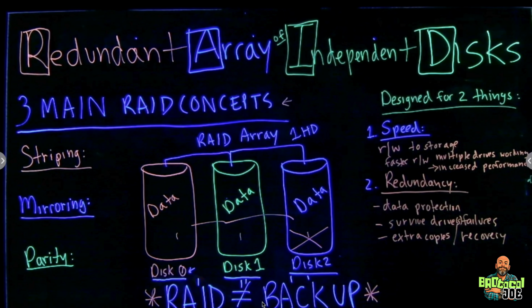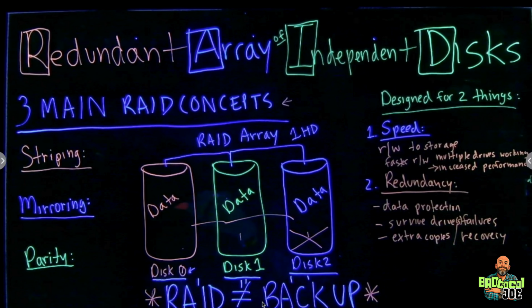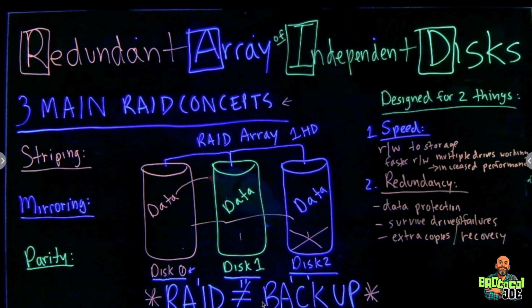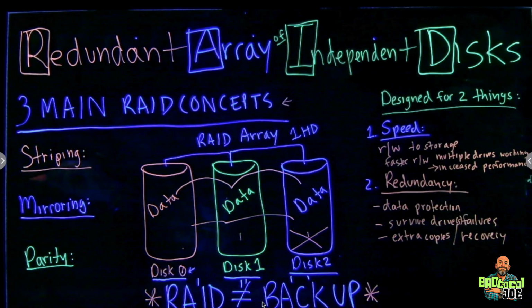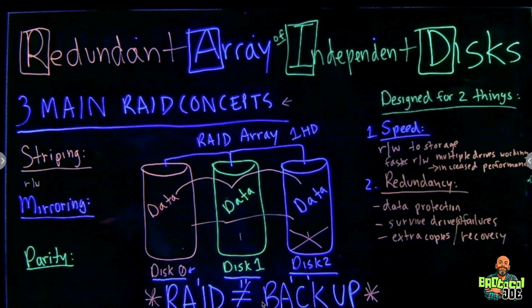We're going to start off with striping. Striping splits data into pieces and spreads them across multiple drives. I'm not going to get into specifics with these drives, but let's say you have data on drive 0, you would stripe it to data on disk 1, and stripe the data on disk 2. It stripes the data so that multiple hard drives can read and write with higher speeds.